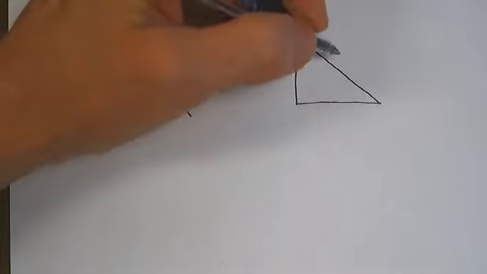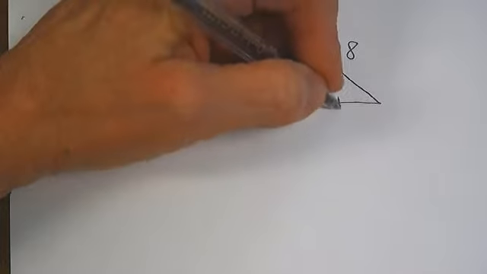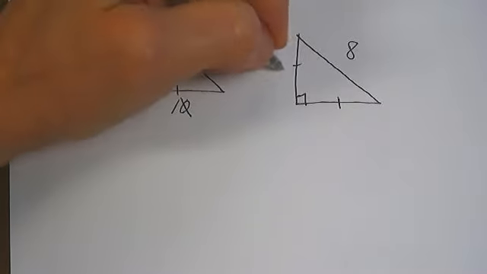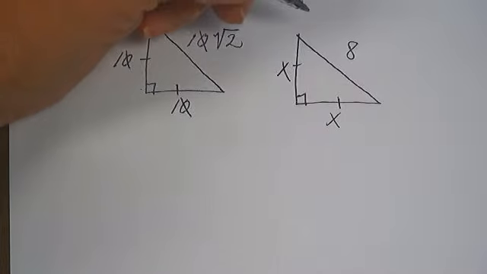Of course, they may throw you a curve by telling you that the hypotenuse is 8, and they want you to find the side length. Well, what do we know?